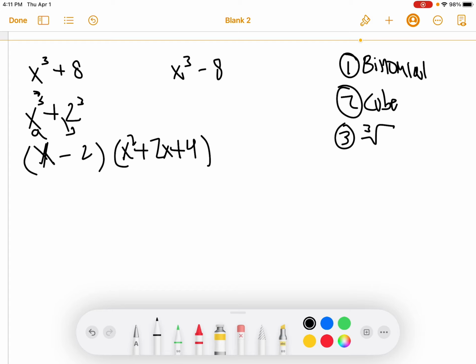Okay. Pretty simple. You just need to remember what you do as far as the signs. Remember, what signs you put there depends on if it's a positive or negative.